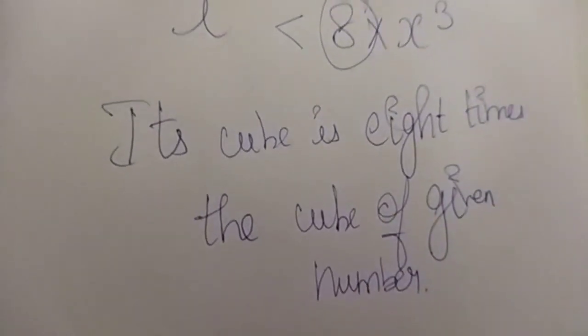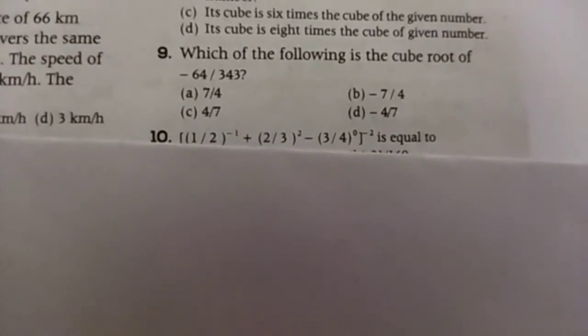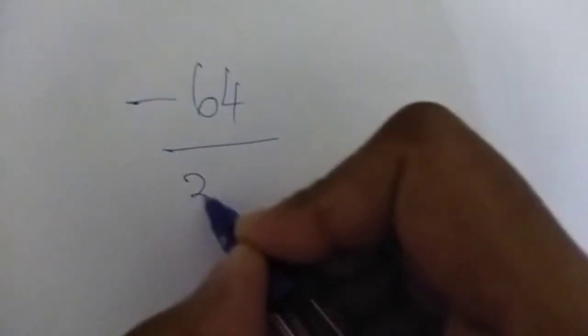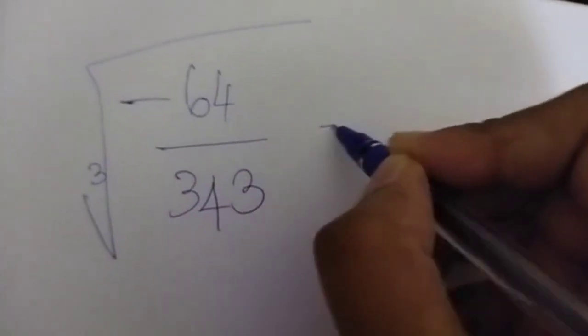Next one. Which of the following is the cube root of minus 64 by 343? Minus 64 by 343, I need to take cube root. So if I take cube root, I can take minus outside.